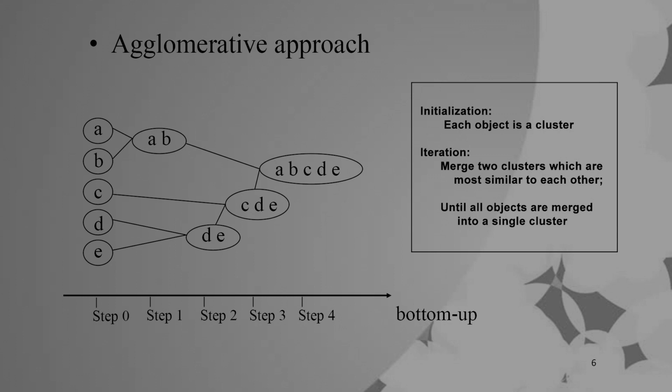Then I shall combine this DE cluster with the point C to form another cluster which consists of C, D, E, as you see in the visual. Then eventually I will combine the cluster having AB with the cluster having CDE into one big cluster which has all the points A, B, C, D and E.